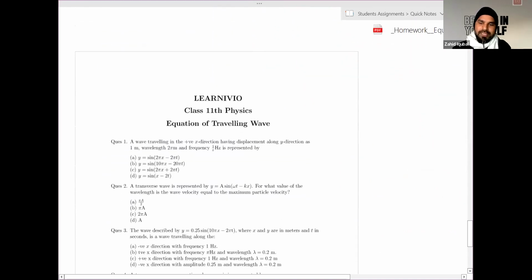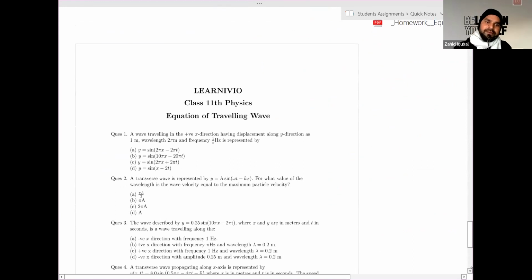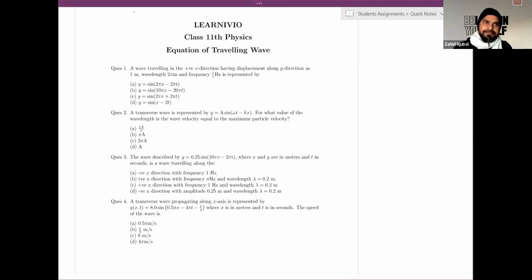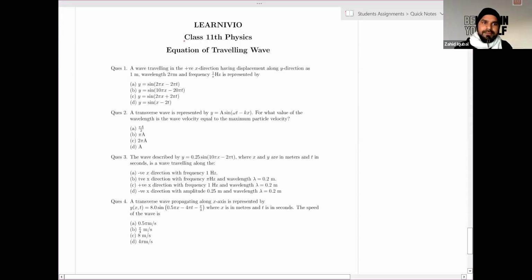So this was your first assignment, equation of traveling wave. Just read the first question. A wave traveling towards the positive x-axis, having displacement along the y-axis, with amplitude 1 meter, wavelength and frequency as given, is represented by.